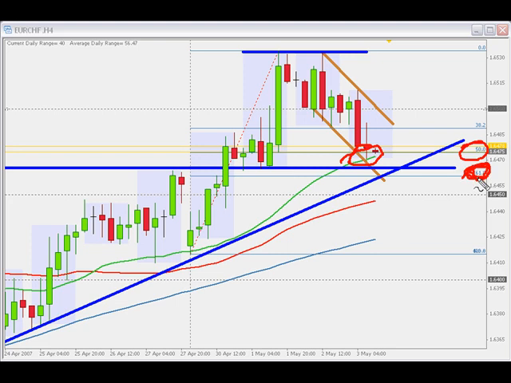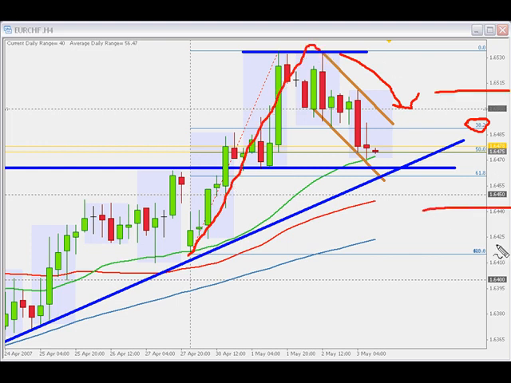I am very apprehensive to take trades that have retraced beyond the 61% Fibonacci. And also I'm very apprehensive to take trades that have not reached in their retracement even the 38. I don't like the 23 and the 76 Fibonacci retracement.